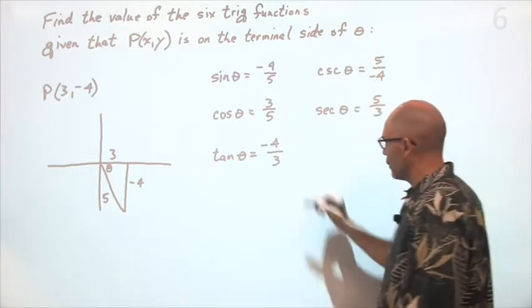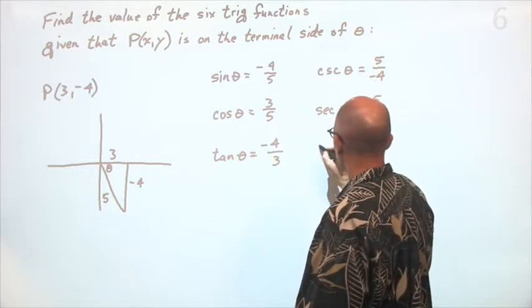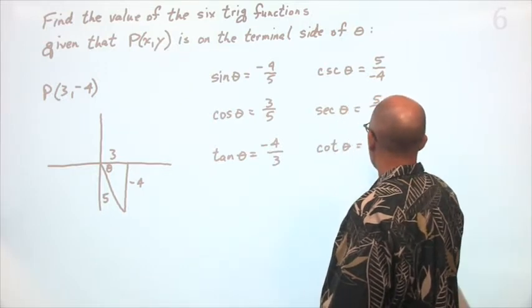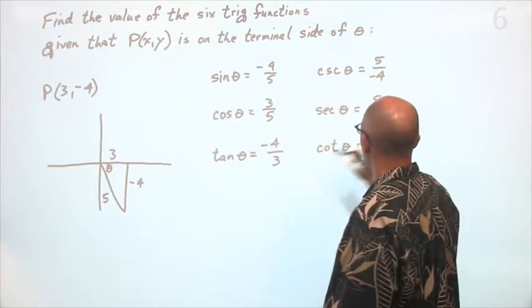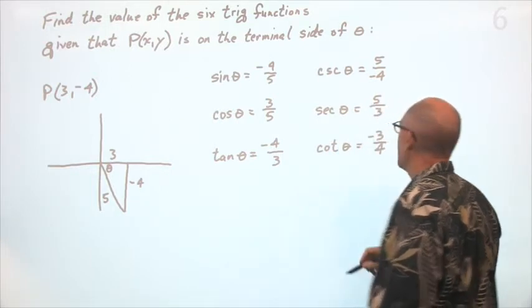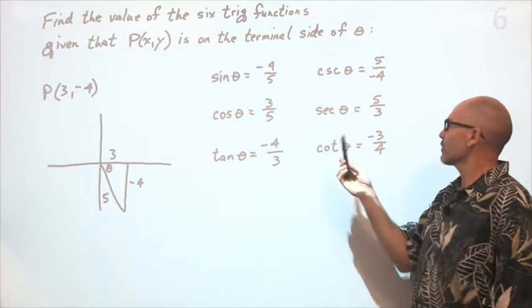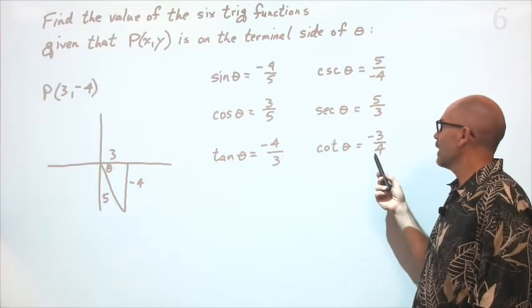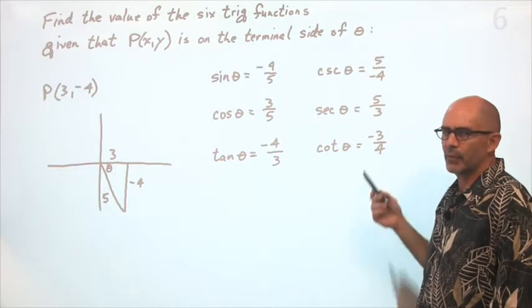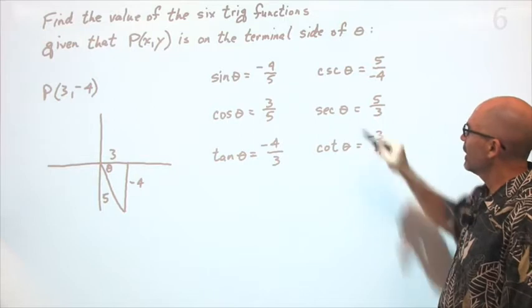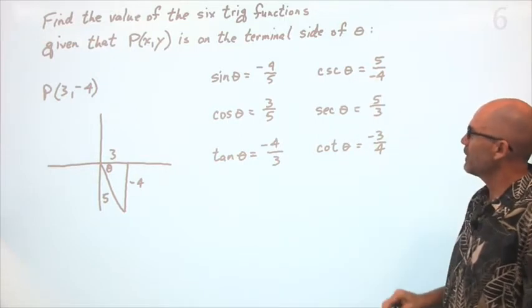And the reciprocal of tangent is cotangent. And the reciprocal of -4/3 is going to be -3/4. Now notice I didn't write 3 over negative 4 just because 3 over negative 4 is the same thing as negative 3/4 anyway. So that's it. There are your 6 trig functions.